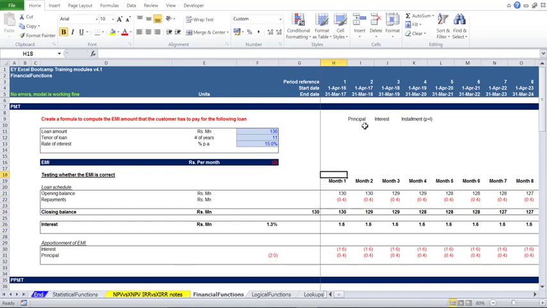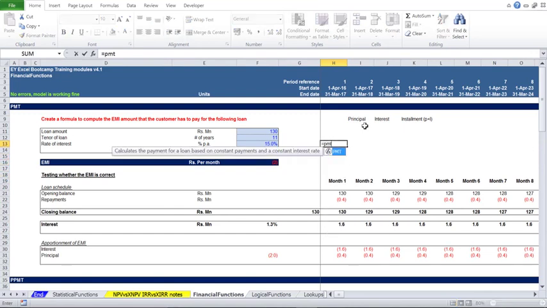Now let's get into the PMT function. Is equal to PMT. The description for PMT is calculates the payment for a loan based on constant payments and a constant interest rate.